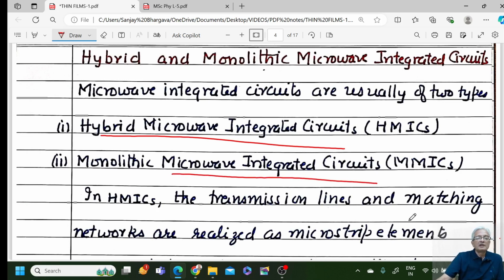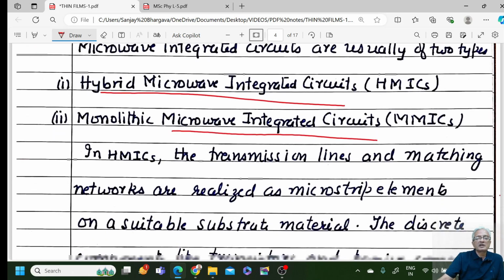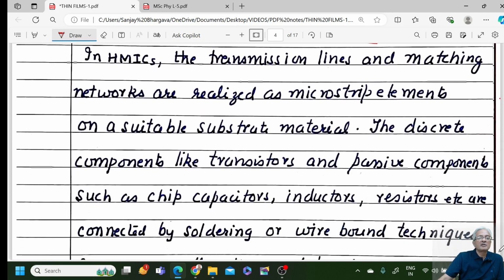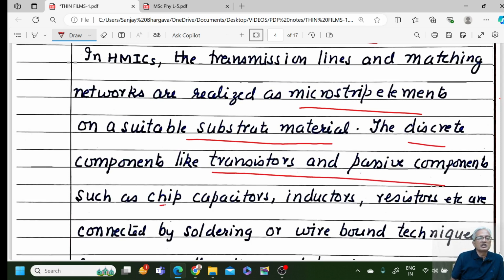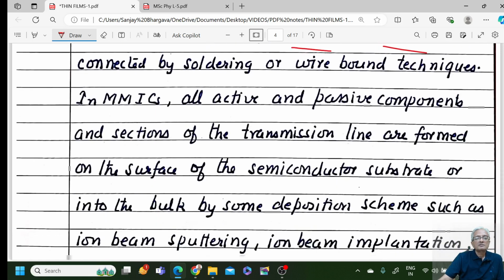In the hybrid microwave integrated circuits, the transmission lines and the matching networks are realized as microstrip elements on a suitable substrate material. The discrete components like transistors and passive components such as chip capacitors, inductors, resistors are connected by soldering or wire bond techniques.